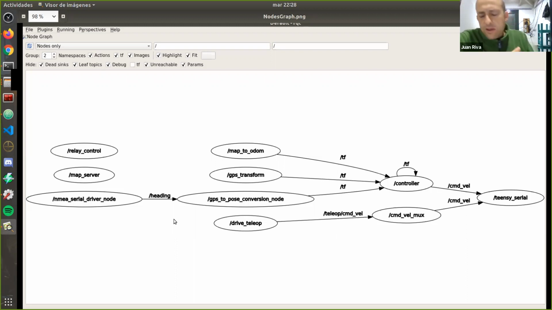Let me recap: the last node before TNC must be command velocity mux. This is an error. I should not have two command velocity publishers going to TNC serial. Right, okay, I understand. Thanks, Jeff.